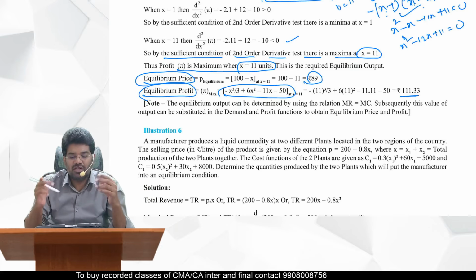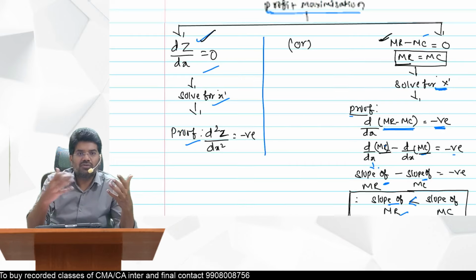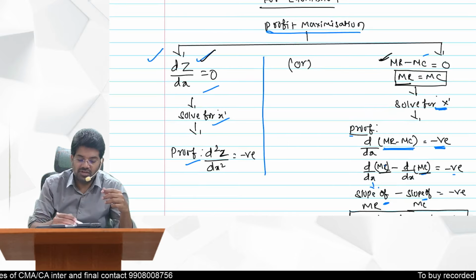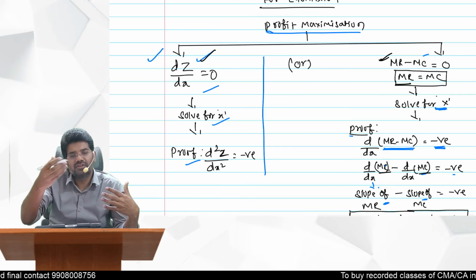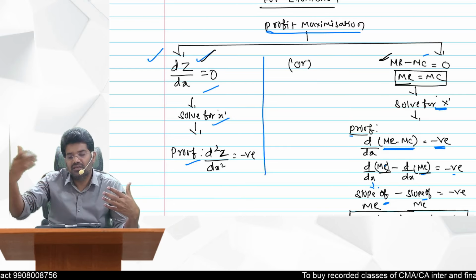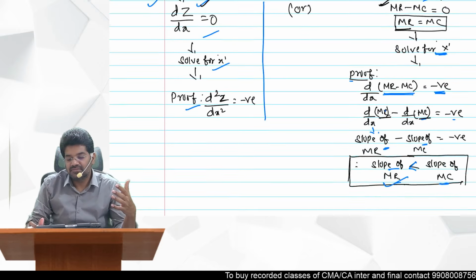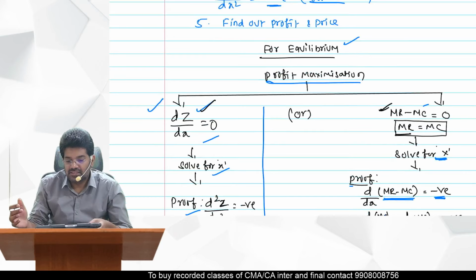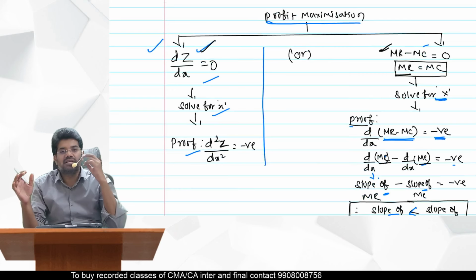There are two alternatives for that: MR and MC, or you can differentiate the total profit directly, with first order derivative and second order derivative. Or you can equate MR and MC and then get the answer. Both will naturally give you the same answer. So this is with respect to single variable optimization, my dear students.